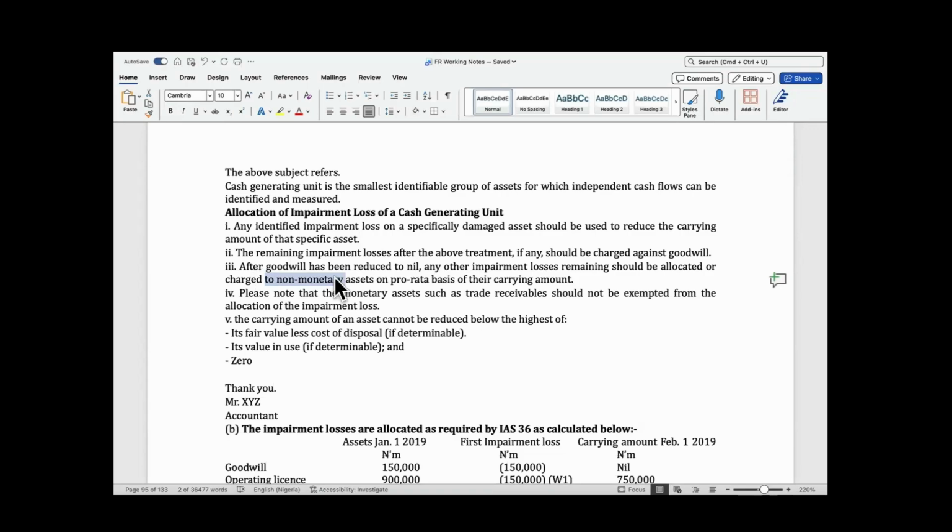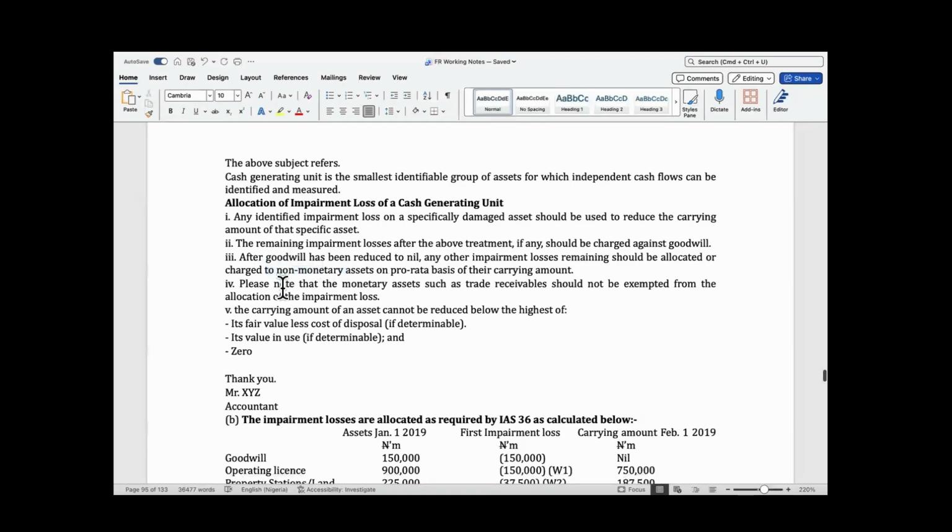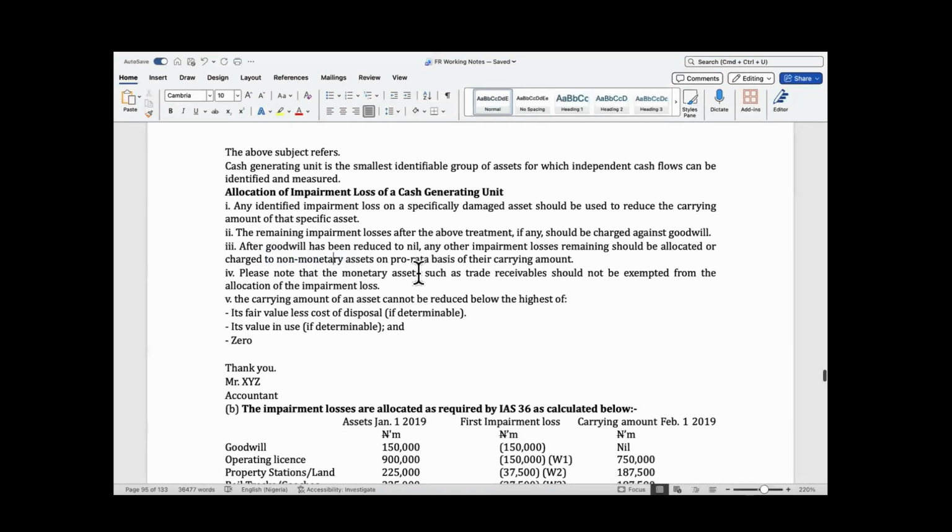Non-monetary assets. Okay. And I said that monetary assets such as trade receivables should not be exempted from allocation. What I mean here is that if they are the reason for the impairment loss, they will tell you that they have been impaired. If they don't tell you that they have been impaired, don't allocate to them.